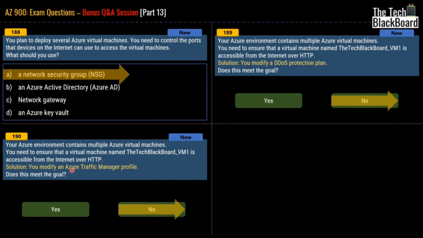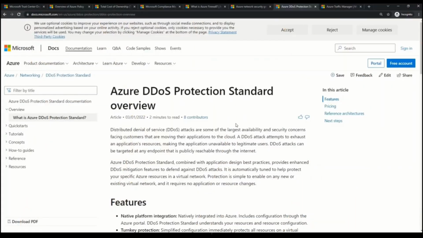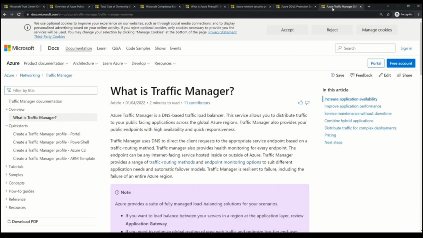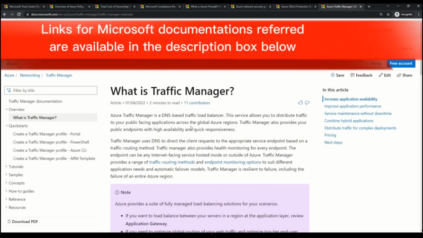Thus, both the options, Azure Traffic Manager profile and DDoS protection plan, are not correct. If you want to read more about Azure DDoS protection, then you can come to this page. And if you want to have more insights on Azure Traffic Manager, then this is the page that you can refer to. The links for all the Microsoft documentation that I have referred to in this video are available in the description box below.